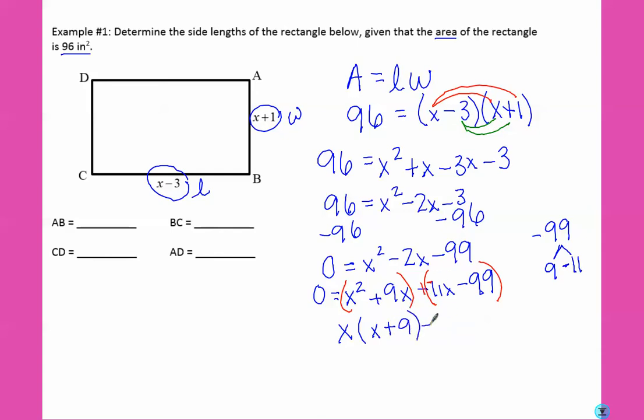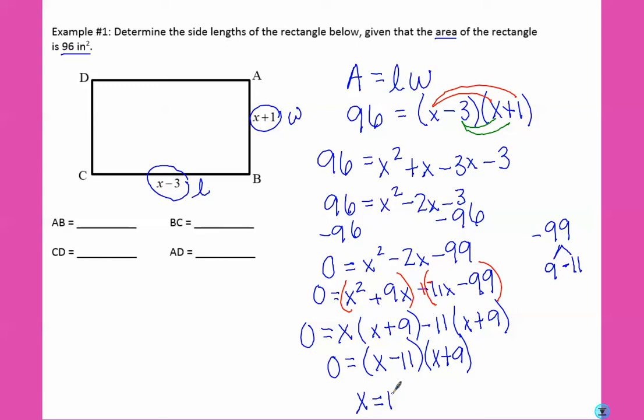Second two have a negative 11 in common, which will leave me with x plus 9. Bring down my equal 0. So 0 equals x minus 11 and x plus 9. Set those equal to 0 and solve, we would get that x equals 11 and negative 9. And if you need help with this factoring part, make sure you go back and watch your video on factoring a trinomial.